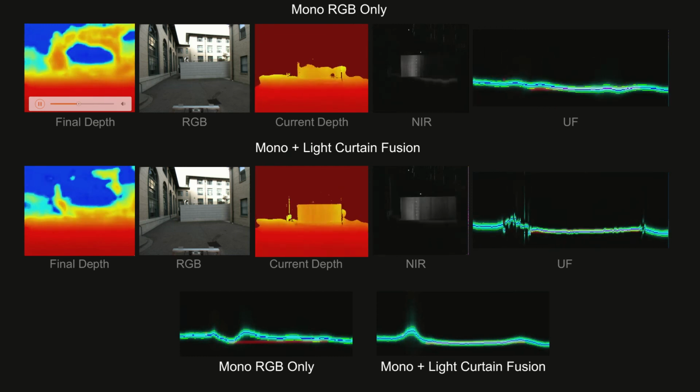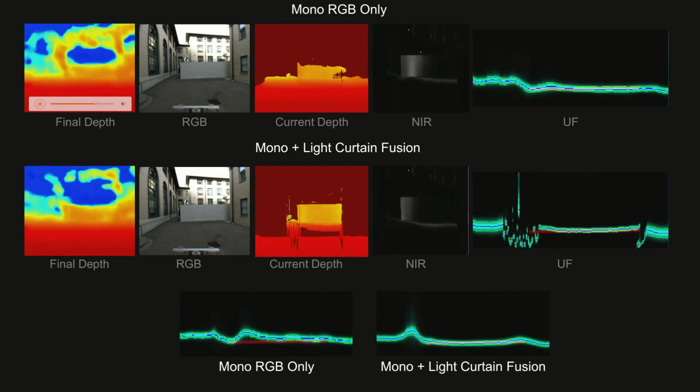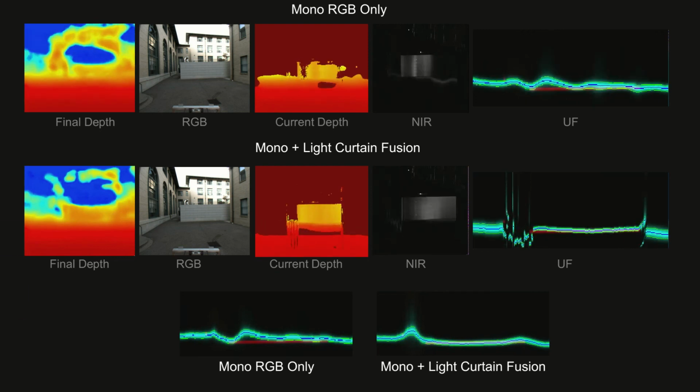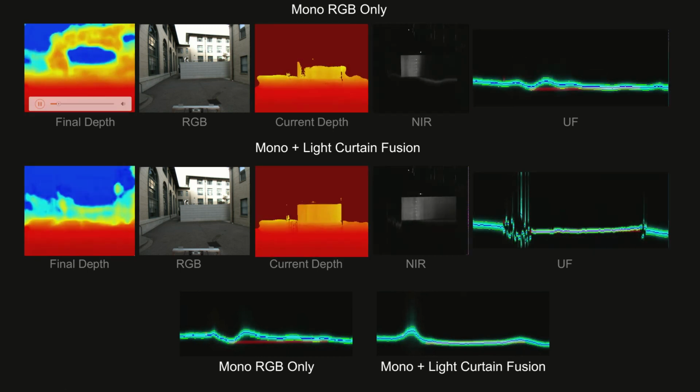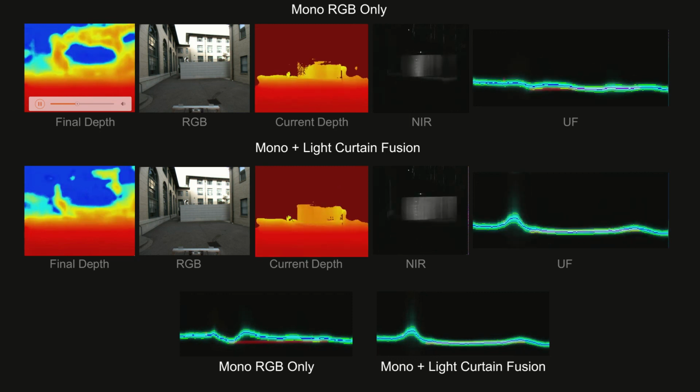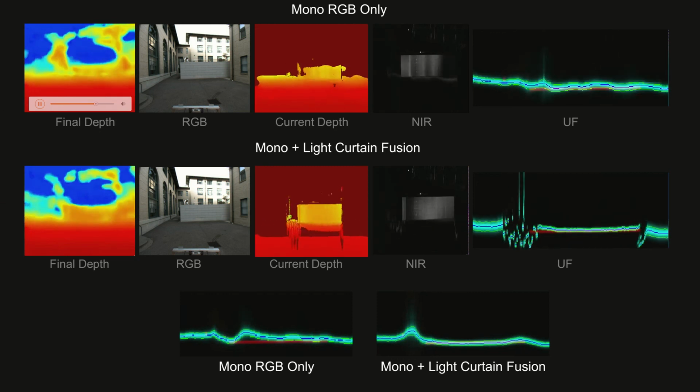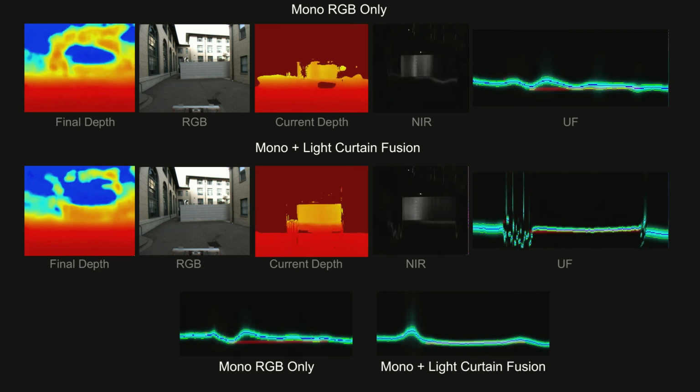In this scene here, we demonstrate how we trained our light curtain feedback on KITTI and then applied that same network in a real-life scenario. Our network was able to learn to incorporate the measurements from the light curtain and feed it back into our network to get a more refined depth estimate.